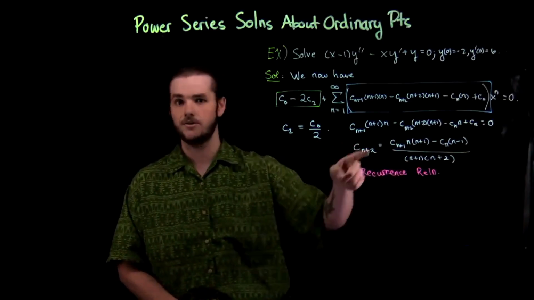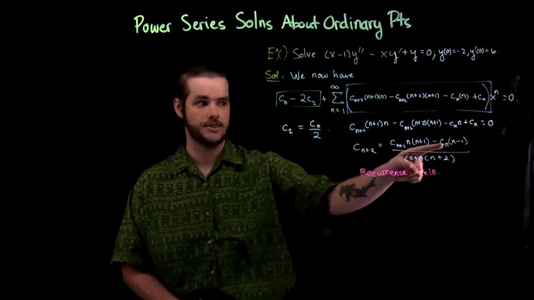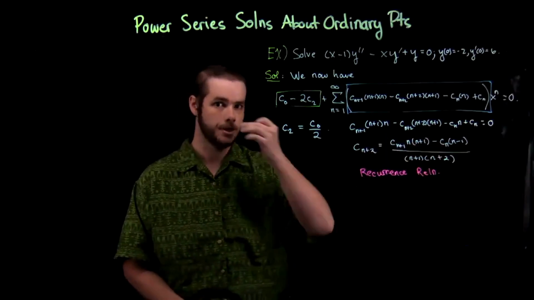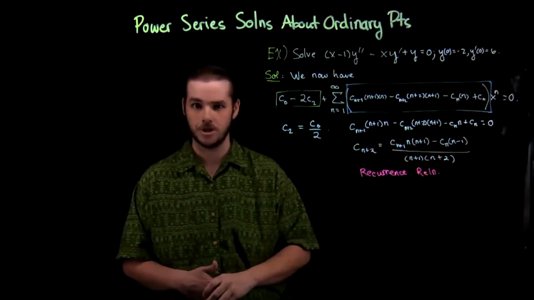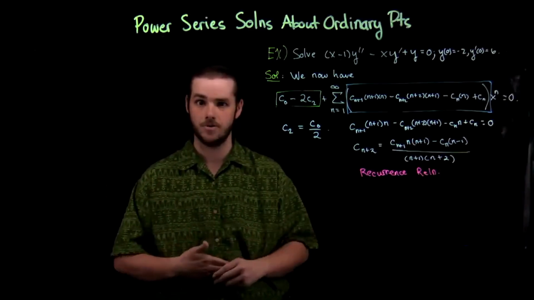All of the others, I can use this recurrence relation. C3 depends on C2 and C1. C4 depends on C3 and C2, and so on. So really, I just need those 2 coefficients in order to write down the solution to this problem.